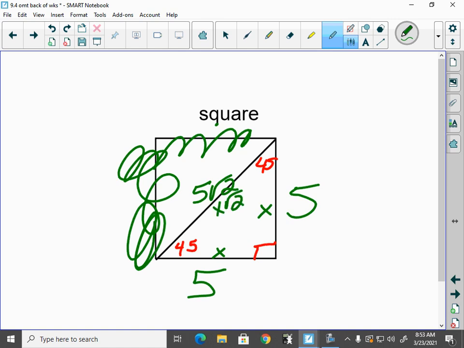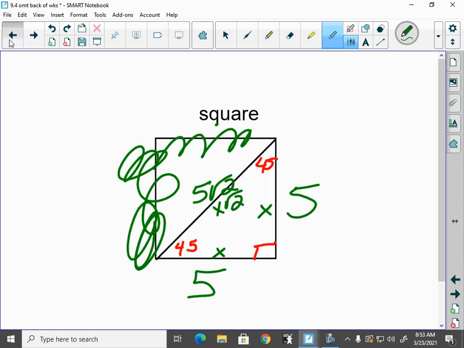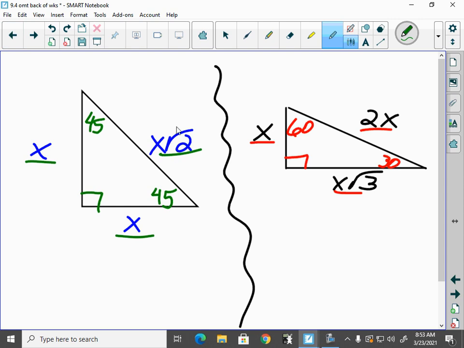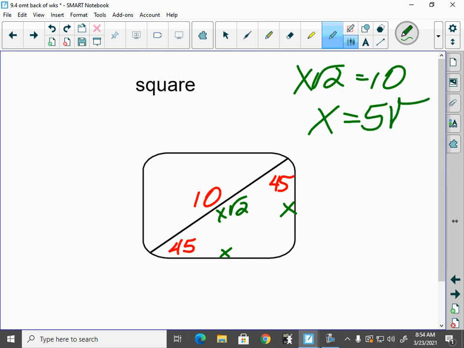So now my equation is x square root of 2 equals 10. Divide by 2, and throw on the square root of 2. That's it. There doesn't have to be a 2 after it.